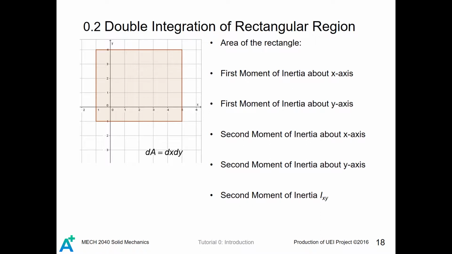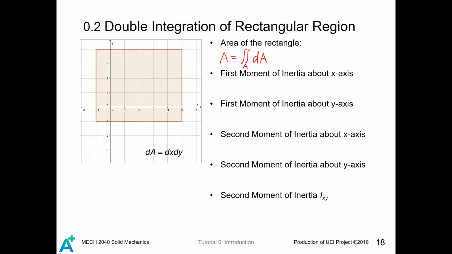So, what is the area of this rectangle? Well, the area of the rectangle equals the integral of all the area elements. It sounds like I am saying something like rubbish.